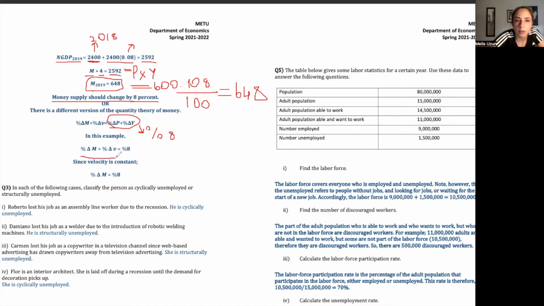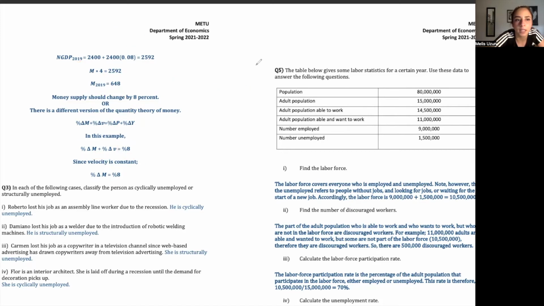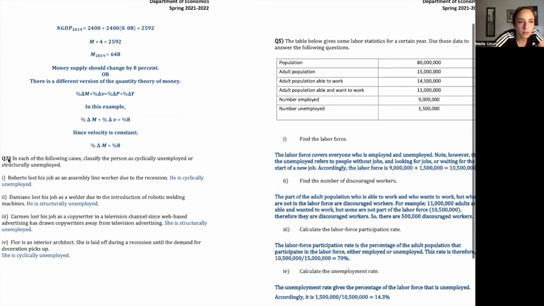So this needs to be increased by 8% too, and velocity of money is constant. So we can say directly that it needs to be increased by 8%, but it will be better for you to solve it like this. It is more clear, I guess. I wrote it wrong. This will be question 4.